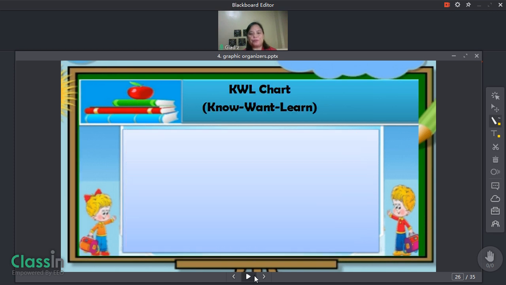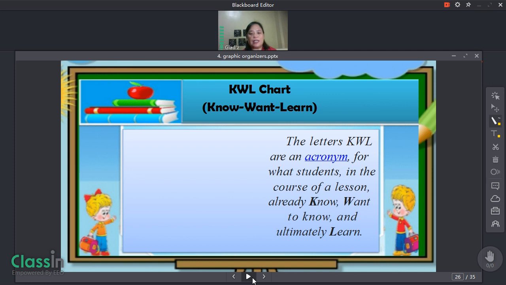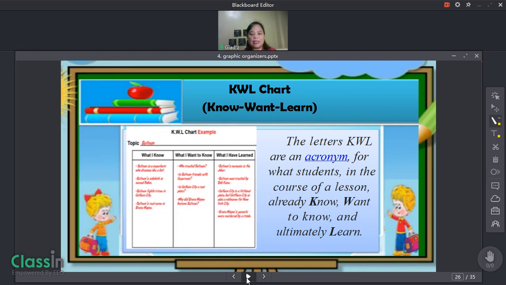And then we have the KWL chart, or the Know, Want, Learn. This KWL chart is an acronym, which is K for know, W for want, and L for learn. So it has three columns, class. In the first column, what you are going to write there is the information that students know already.